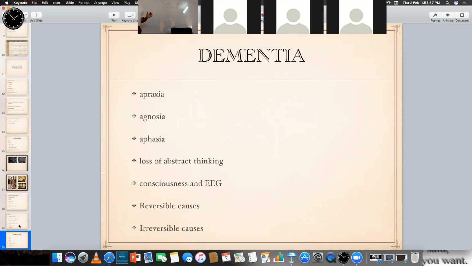First thing that you're going to do, evaluate whether the patient has depression. Look for any underlying symptoms and signs of depression. We'll talk about depression maybe tomorrow. So first is depression, then vitamin B12 deficiency, then hypothyroidism.